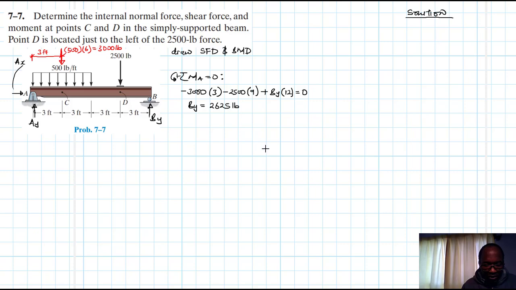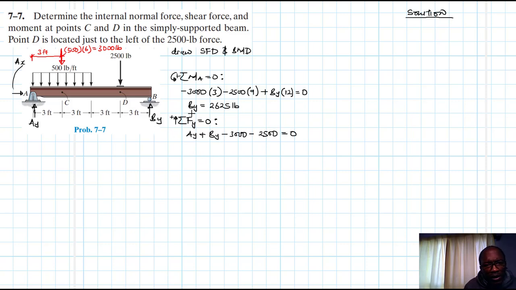Great, 2625. Let's find the vertical component, summation of forces in the y equal to 0. We have AY plus BY minus 3,000 minus 2,500 equal to 0.